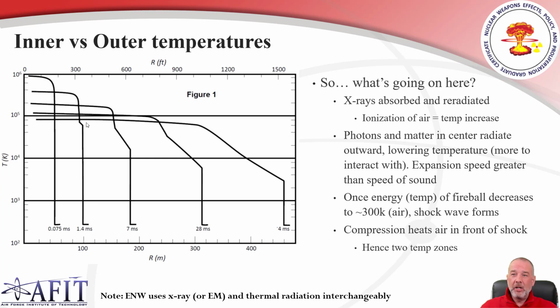But if we look at 100 meters, the temperature has decreased much further, down to a couple tens of thousands of degrees. So right here. What's going on? How can we have two different temperatures?